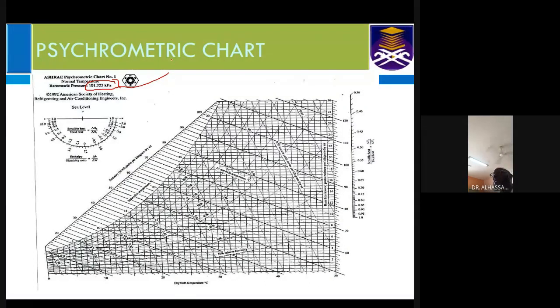So when the given pressure in the air conditioning is 100 kilopascal, you cannot use this chart to find the properties of the air. Only when the pressure is exactly 101.325 kilopascal, or 1 atm, are you allowed to use the psychrometric chart to solve any air conditioning question.